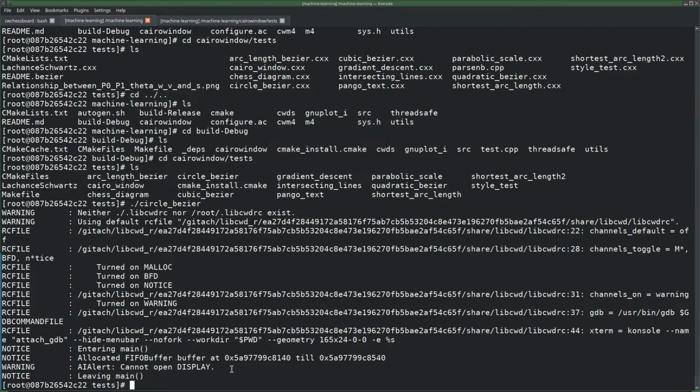So the question is, how do I give a Docker container access to my X server? Something like that.